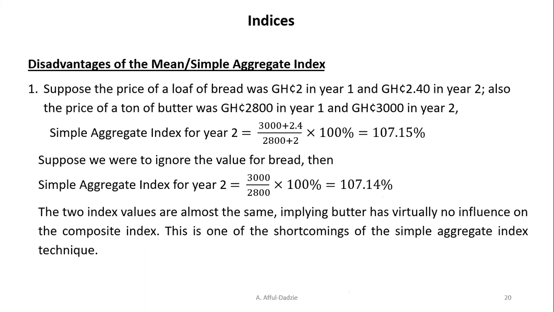For instance, if we have gold, silver, and some aluminum, the value of gold will not be the same as the value of aluminum. There will be significant differences. So we cannot just lump them all together and assume that what is happening to gold is the same thing that is happening to the price of aluminum.